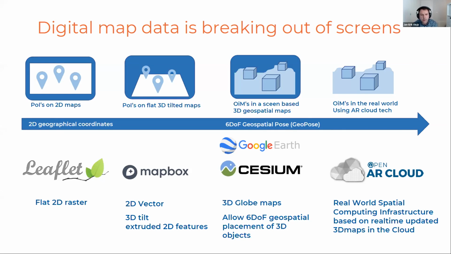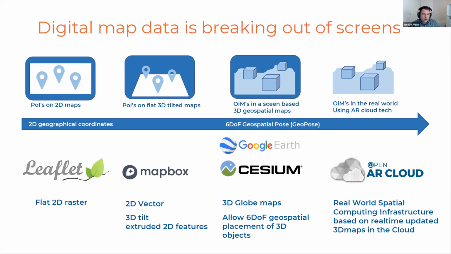So it's a great thing, but the 3D aspect is limited to a flat plane where you might do some extrusions, and you have a richer way to interact with the essentially 2D flat map.